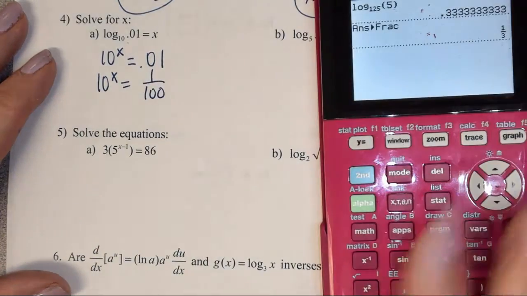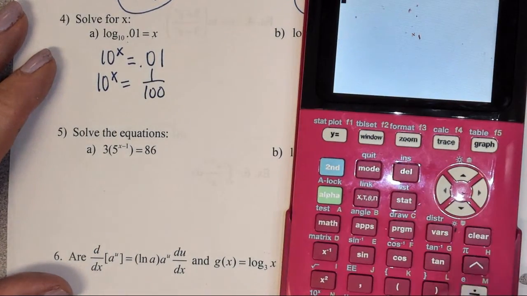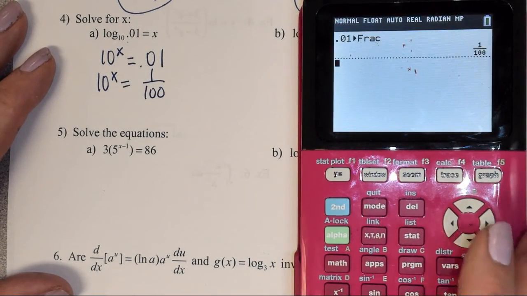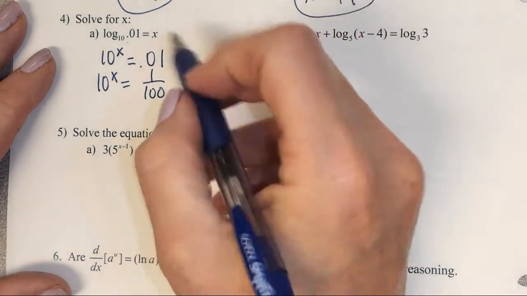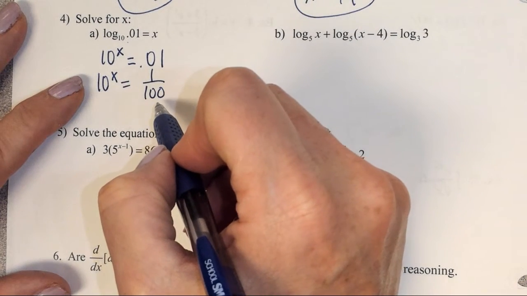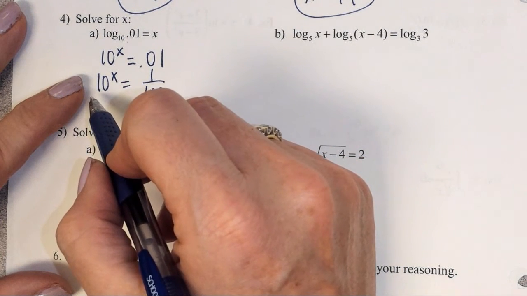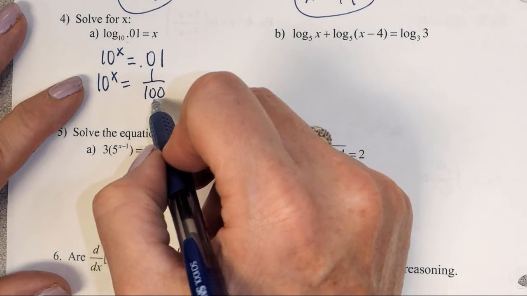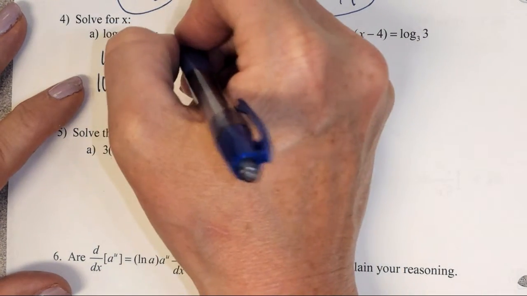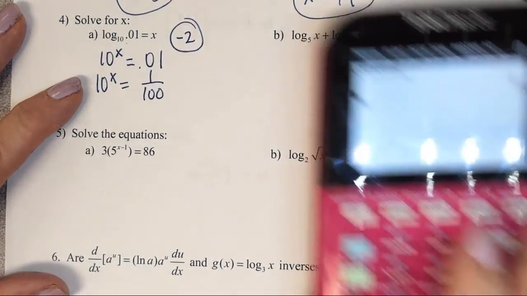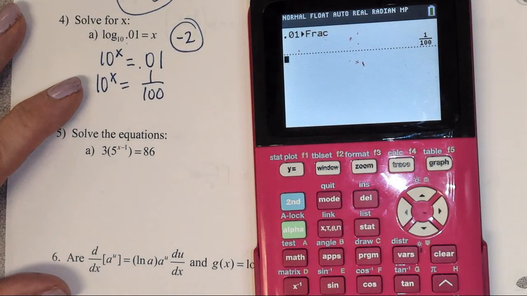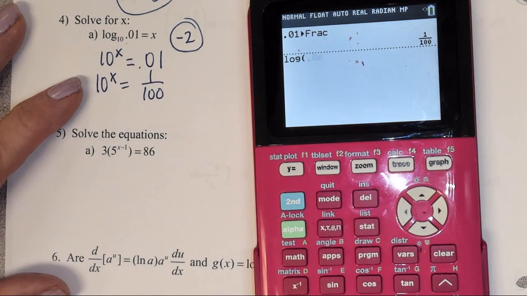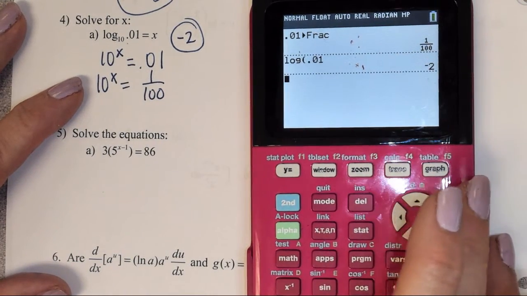If you didn't know that, you could use your calculator and do 0.01 and math bracket 1 over 100. Now, how would I get 100 then? What do I have to do to 10 to get 100? Square it, and then to make it go to the bottom, what would it be? Negative 2. If I needed to use my calculator, I could do my log, and I don't even have to tell it the base because it's already base 10, and it'll tell me it's negative 2.